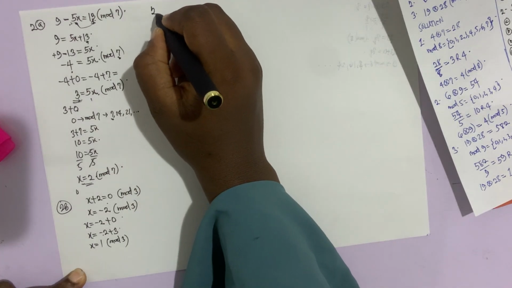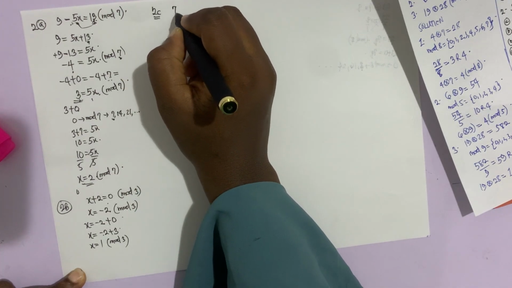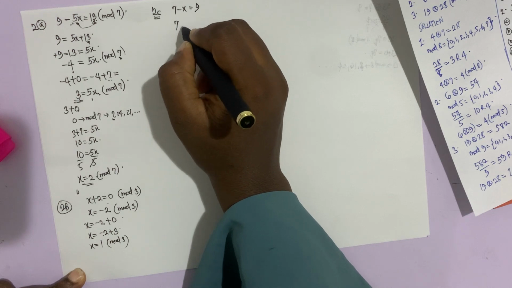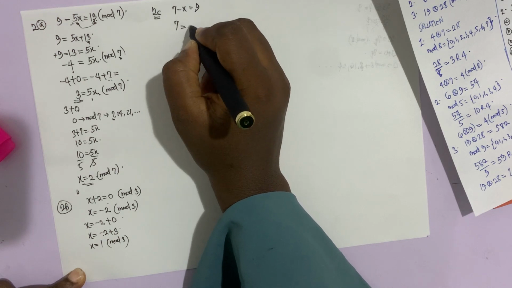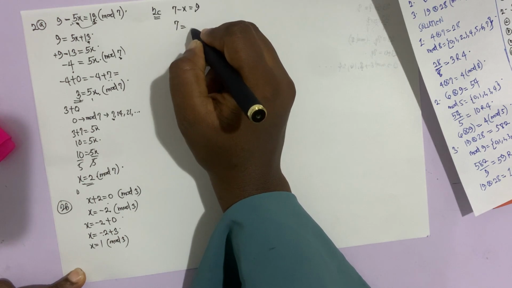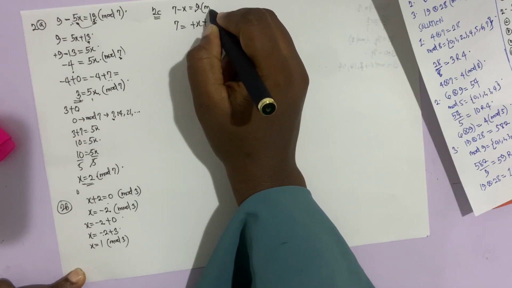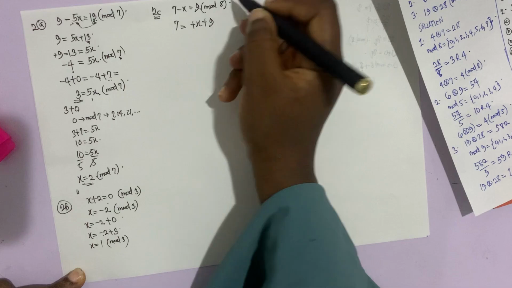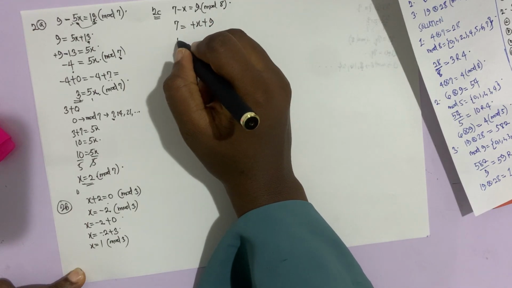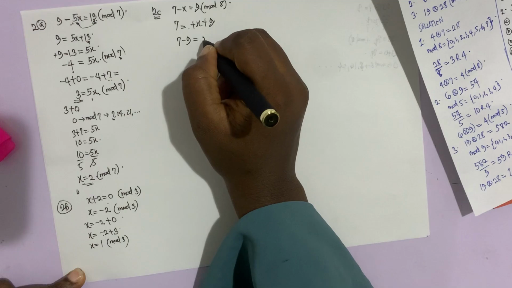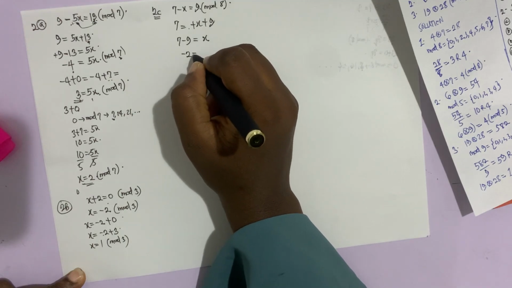Next, 2c, we have 7 minus x is equal to 9. So we have 7 is equal to, when minus x crosses, it becomes plus x, and adds a plus 9 here. Don't forget, this is in modulo 8. So 7 minus 9 is equal to x. So this is minus 2 is x.